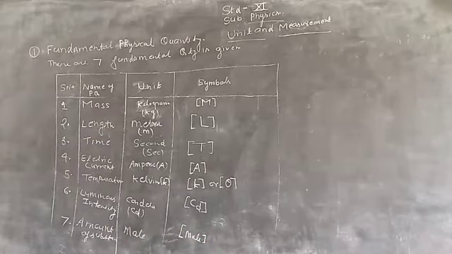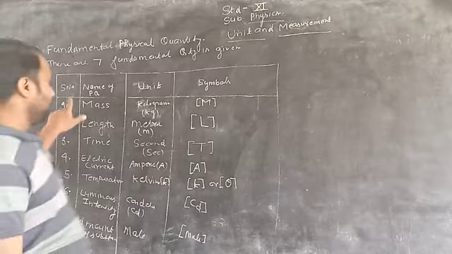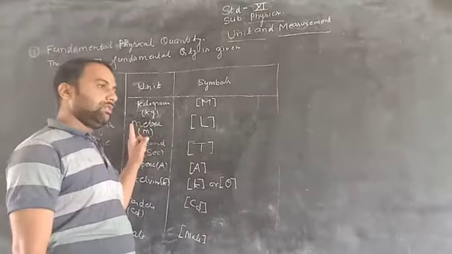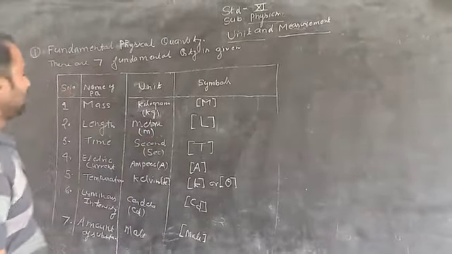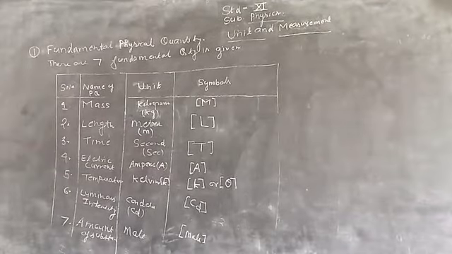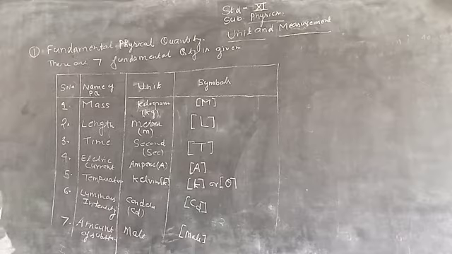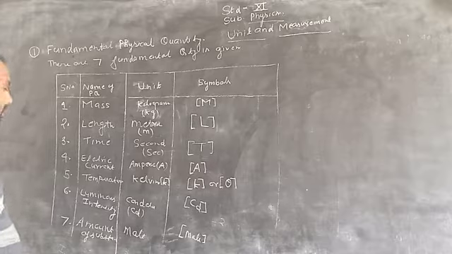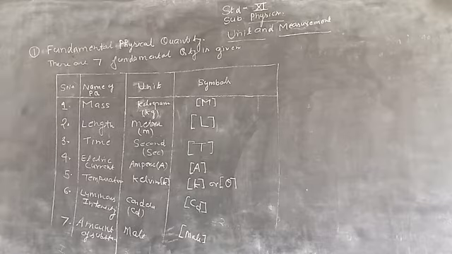These are the 7 fundamental quantities, so we have to remember all these fundamental quantities with their symbols and the units which we are using here. In serial number 1, first is mass, unit is kilogram and symbol is M. Second is length, measured in meter; then time in seconds, electric current in ampere, temperature, luminous intensity and amount of substance.